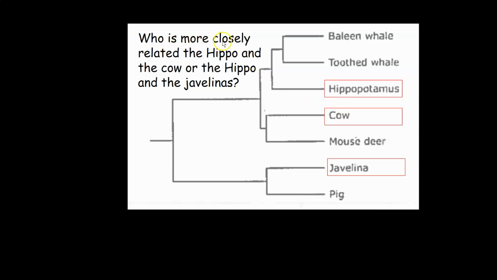So the question is, who is more closely related, the hippo and the cow, or the hippo and the javelinas? And it's going to be the hippo and the cow, because they're still in this same bracket here, where the javelinas are in this whole other bracket there.